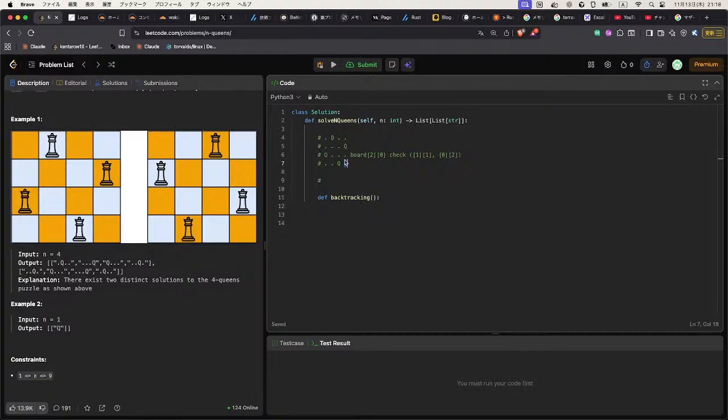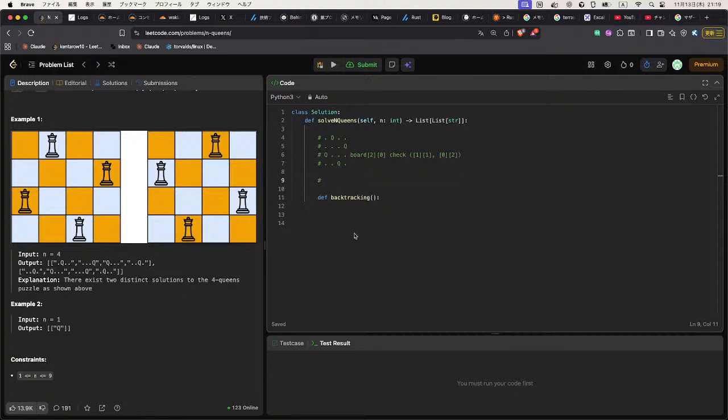So we have 4 options, 3 options, 2 options, 1 option, right? Factorial, yeah. Basically factorial. And for each placement, we have to check the validity, horizontally, vertically, diagonally.